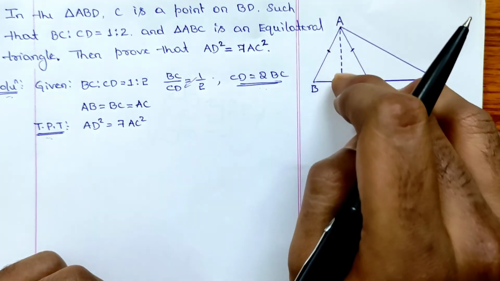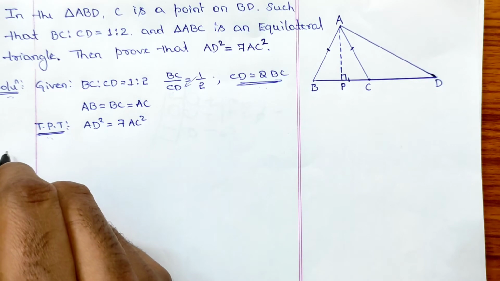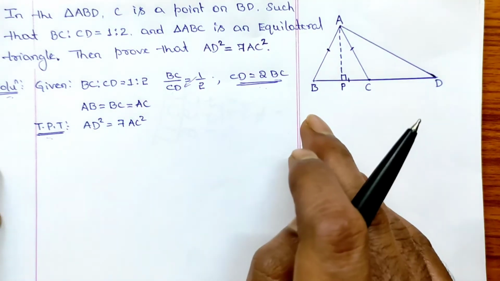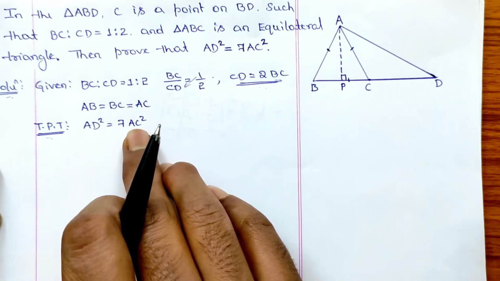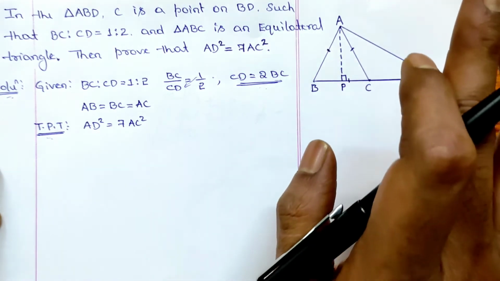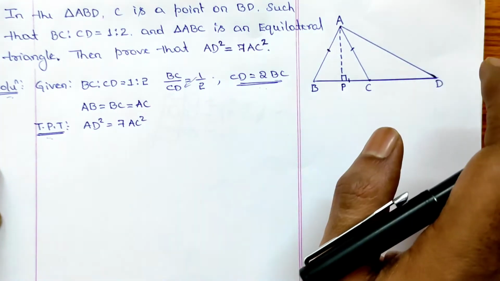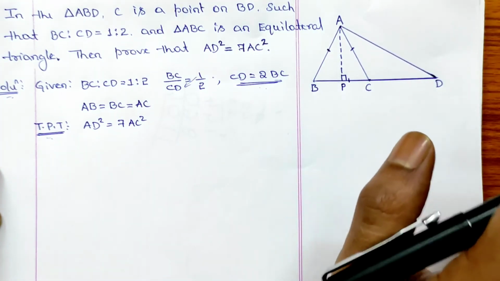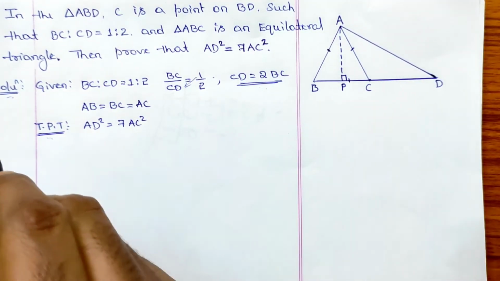Draw AP perpendicular to BD. So why are we doing this construction? Because we will get the square on AD and AC only when we have the right angle triangle, by using Pythagoras theorem. But there is no right angle. So therefore to get a right angle triangle we are doing this construction. Very important step.